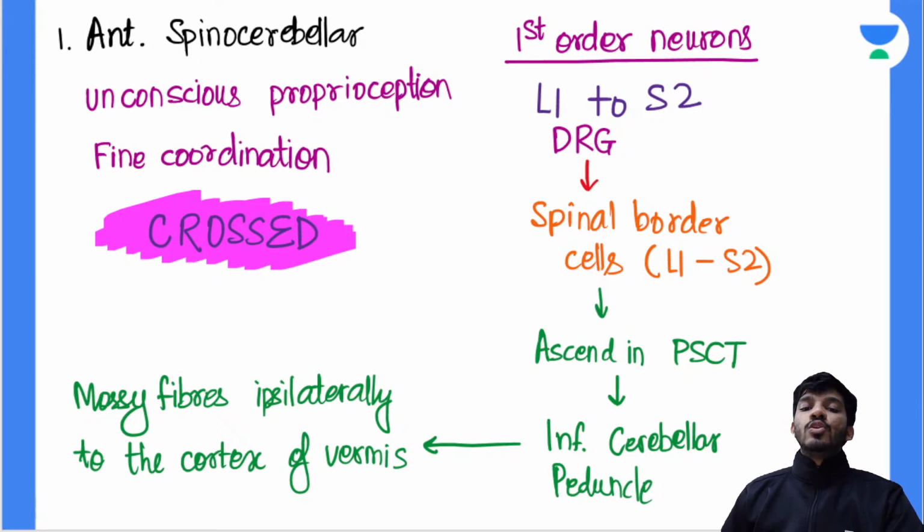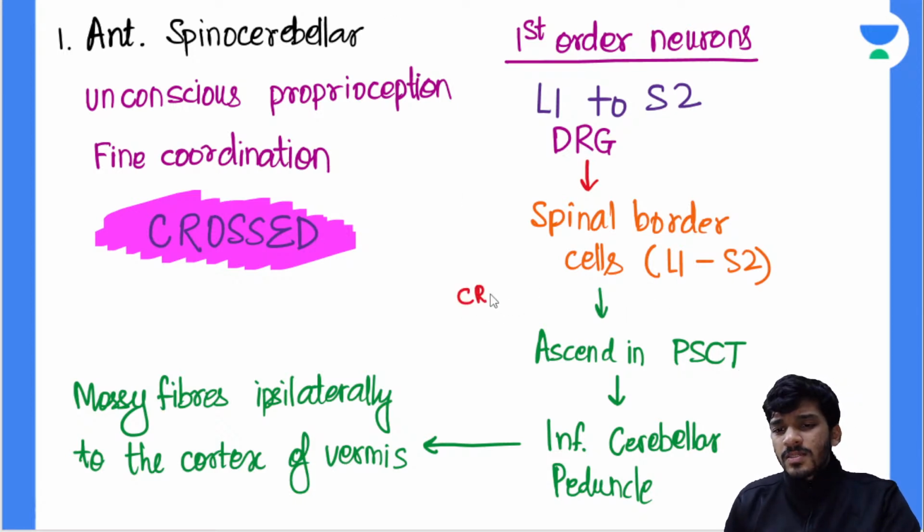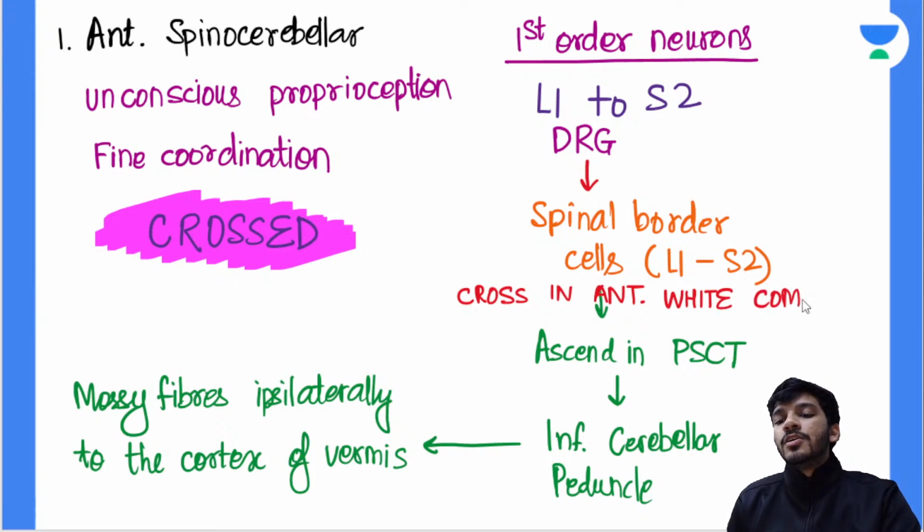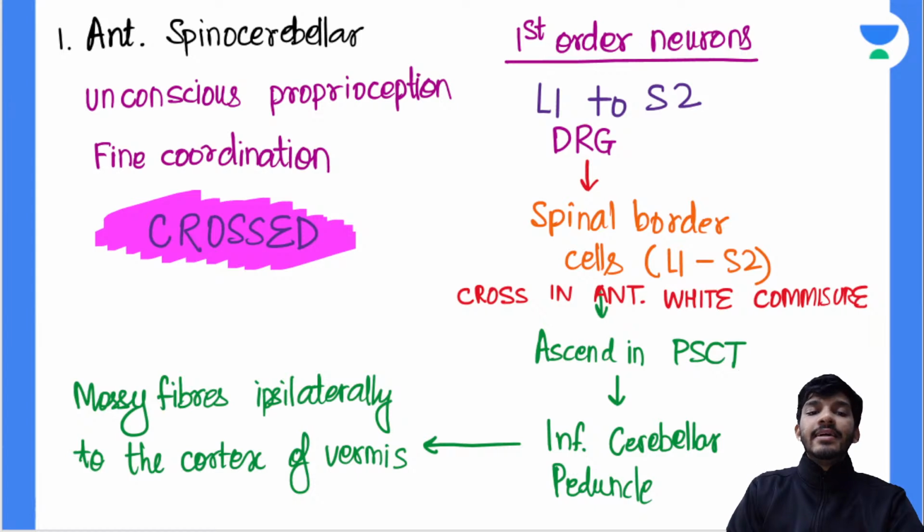They will give rise to axons that are going to decussate. There is going to be crossing over in the anterior white commissure. And then they are going to ascend in the anterior spinocerebellar tract, which is lateral to the lateral spinothalamic tract.